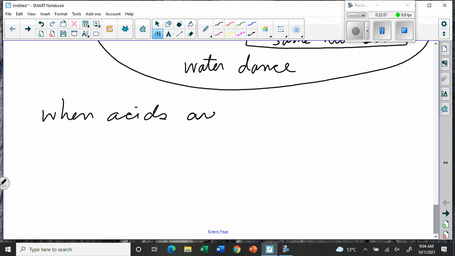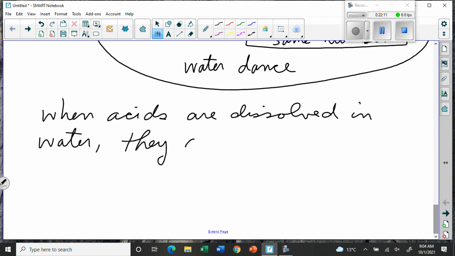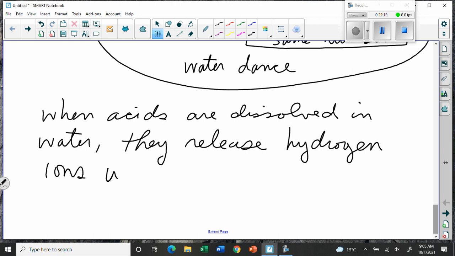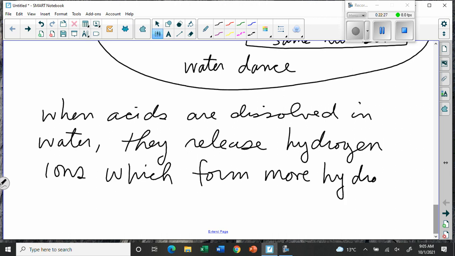when acids are dissolved in water, they release hydrogen ions, which form more hydronium ions.